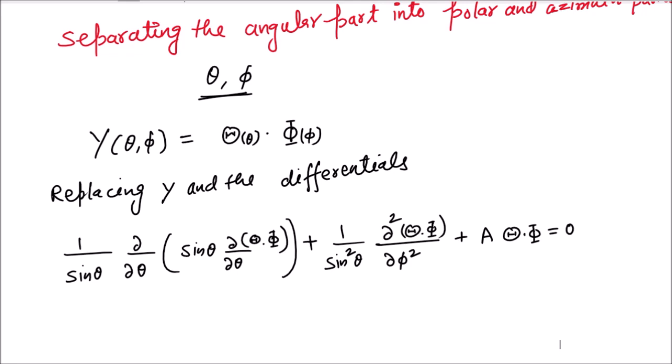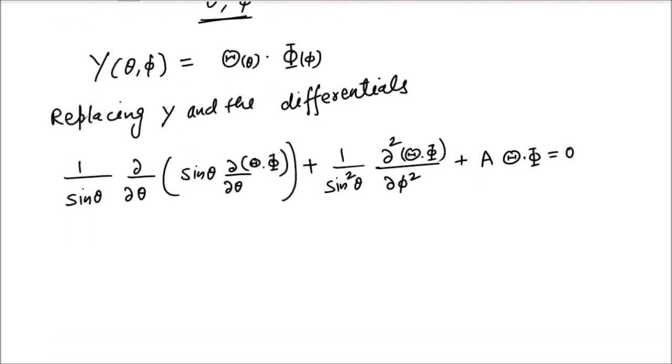Now let us multiply. See, this theta depends upon theta, but phi is constant for it. Here phi is constant for this differential and theta is constant for the next differential. Am I right? So we will take them out. So it becomes 1 upon sine theta into phi, complete differential, because now it depends upon theta only.